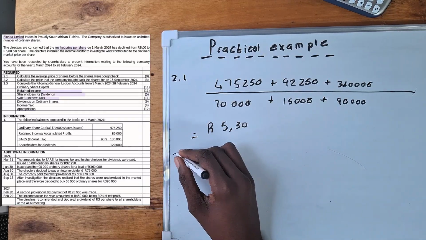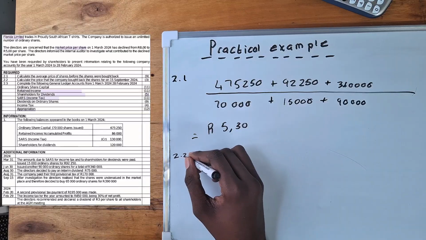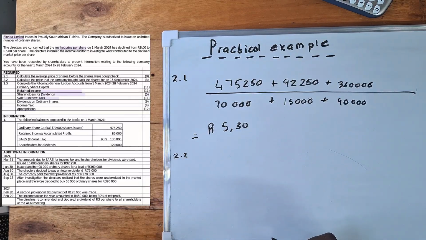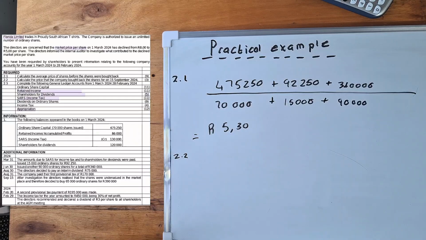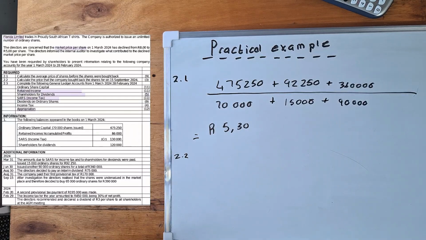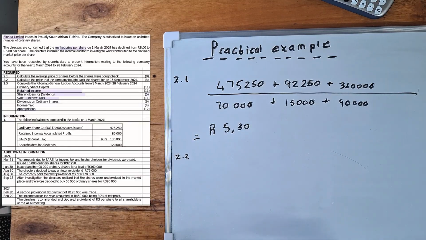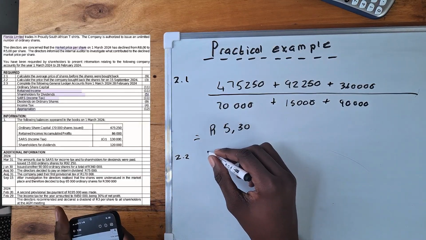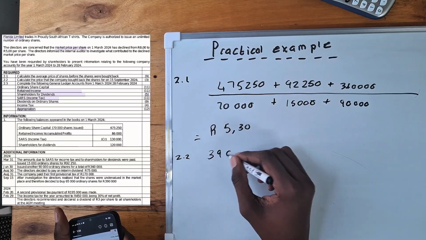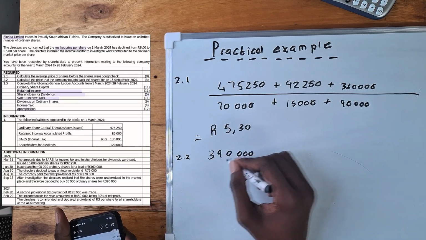And then the second question, 2.2, says we must calculate the price that the company bought back the shares for on the 15th of September 2024. So we need to calculate the price at which they bought them. Here we know that they paid 390,000 rands for these shares, right?